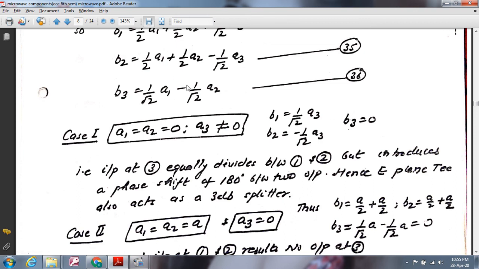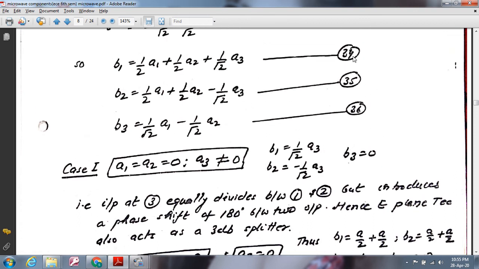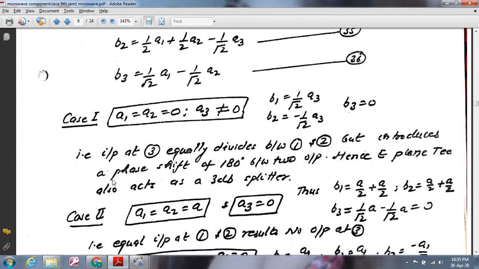With these three equations, for this first case we get b1 equals a3 by root 2, b2 equals minus a3 by root 2, and b3 equals 0. From this we see that input at port 3 equally divides between 1 and 2, but introduces a phase shift of 180 degrees between the two outputs. Hence E plane T also acts as a 3 dB splitter.